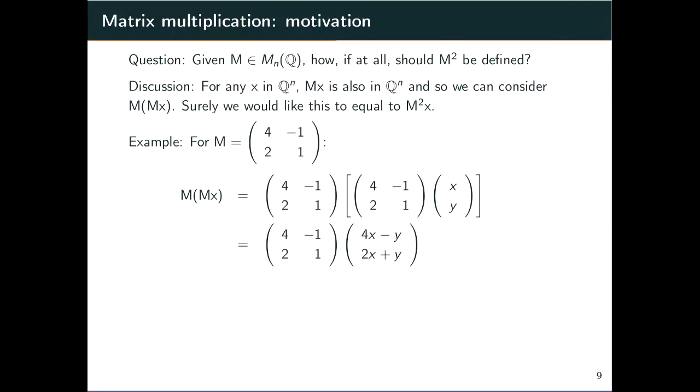So let's look at an example and motivate what we want this matrix multiplication to work out as. We've got our matrix 4, -1, 2, 1, and we're going to apply it twice to the vector x, which is (x, y). I prefer to write it as p, because that's what it was at the start of this lecture.